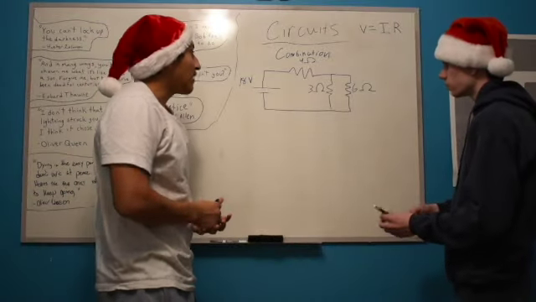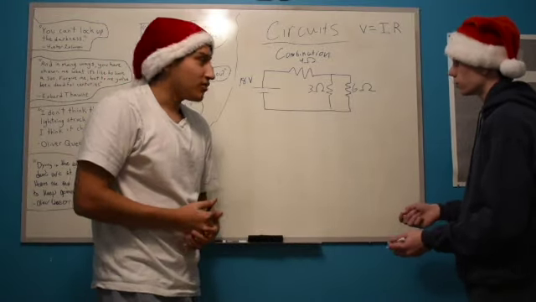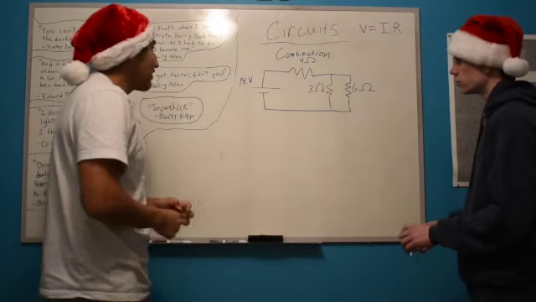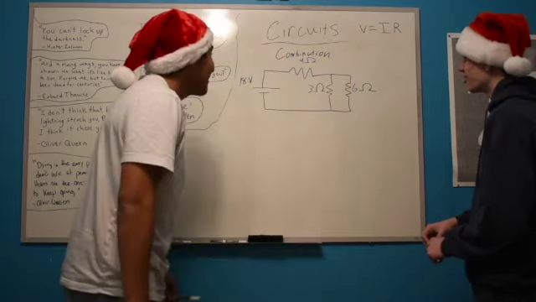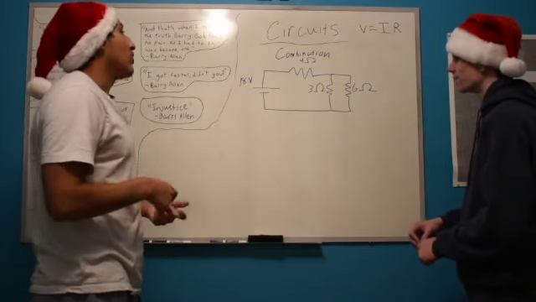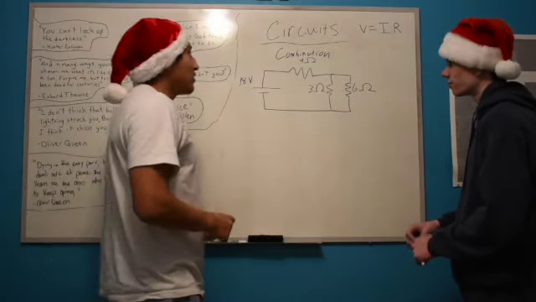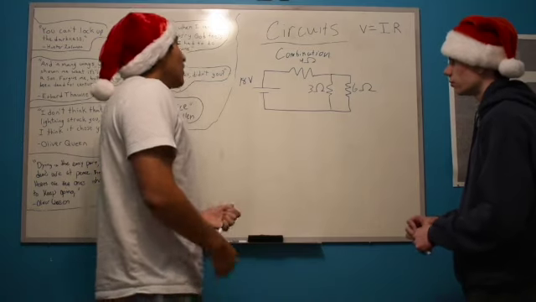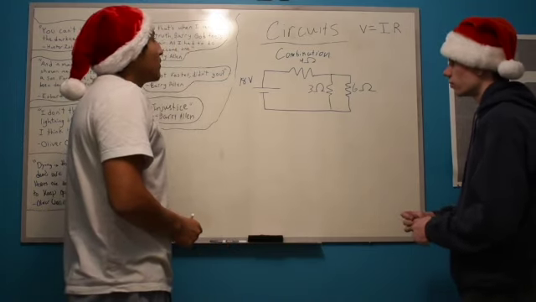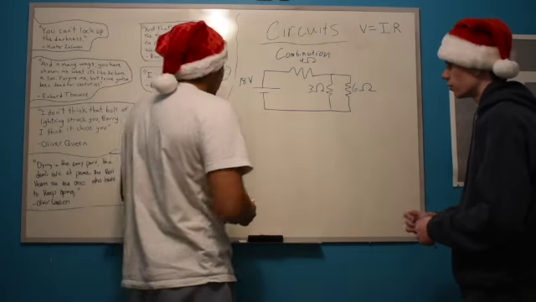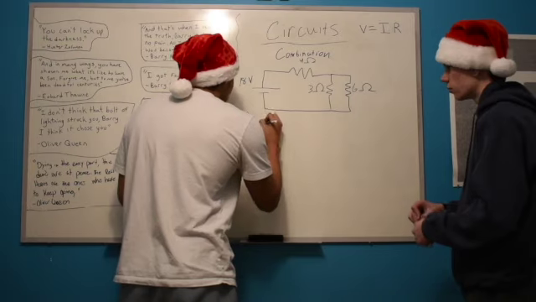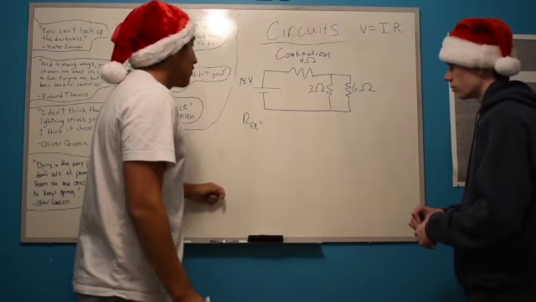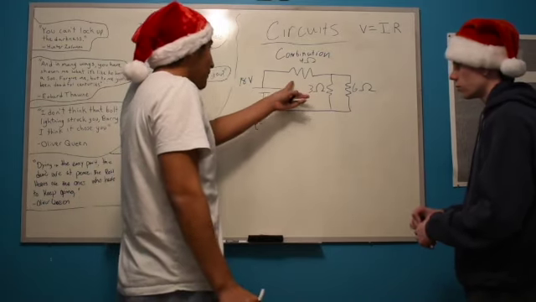Okay, so the final type of circuit is a combination circuit, which is just obviously a combination of a parallel and series circuit. In both of them, the rules that we covered before still do apply. When we are trying to find total resistance, which is now our R_EQ, we still take the same rules.